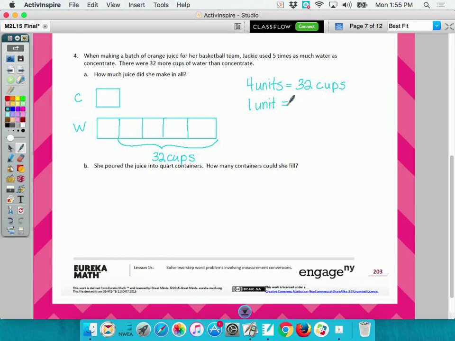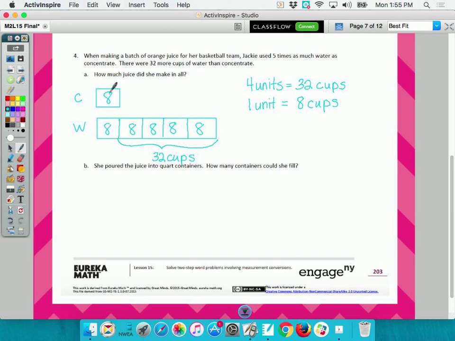What did you do to get 8? 4 times 8 equals 32, or 32 divided by 4 equals 8. Okay, so each of these has 8. And we know enough about tape diagrams to know that this one has to have 8 also. The first one does. And since the concentrate is the same size, they all have 8.